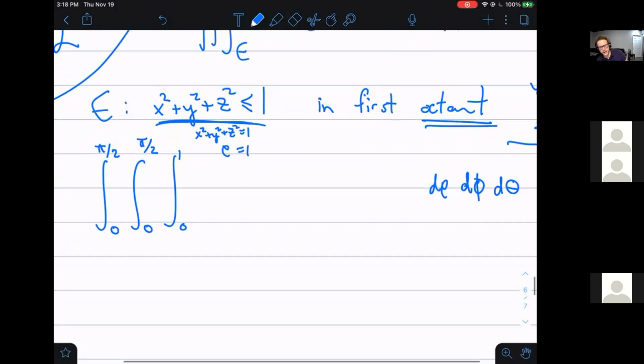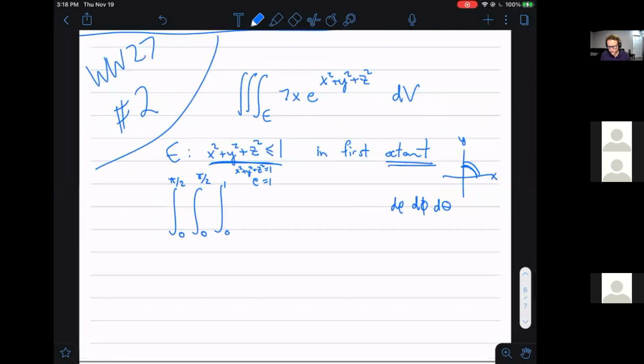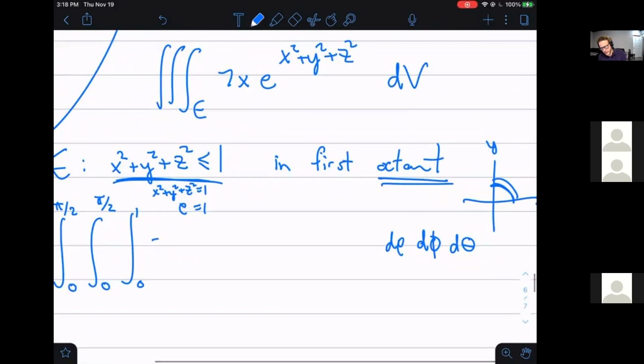So we have this as our setup. We can switch the equation. We have 7, and x is going to be rho cosine theta sine phi. The e to the x squared plus y squared plus z squared is going to be e to the rho squared.